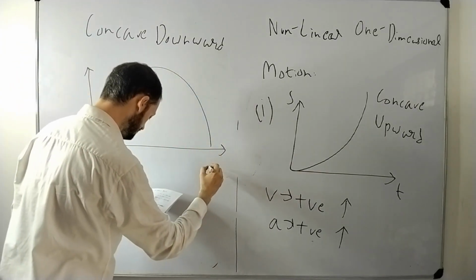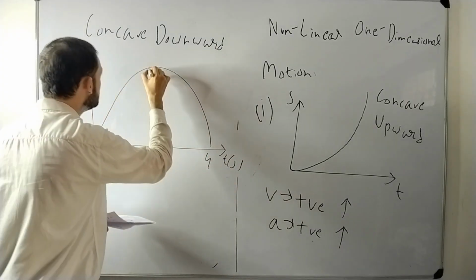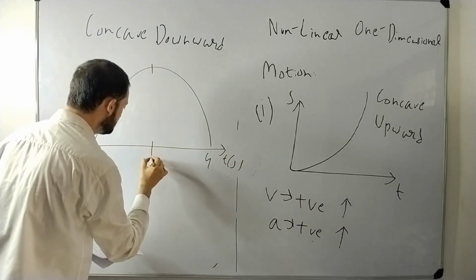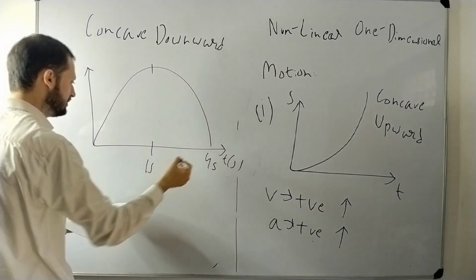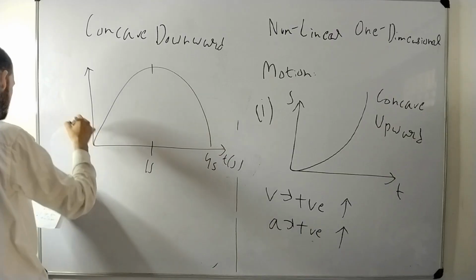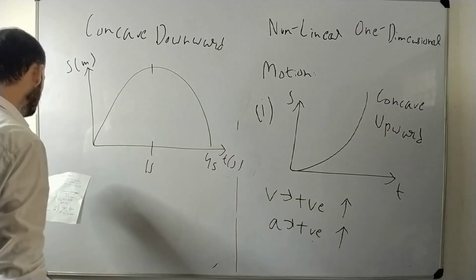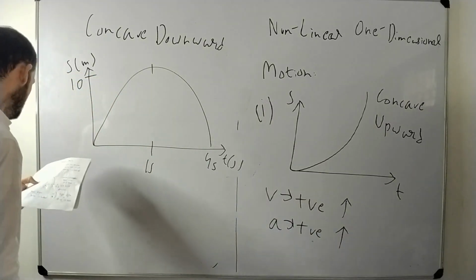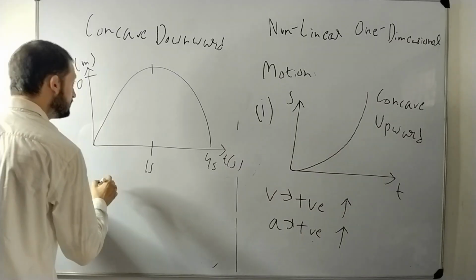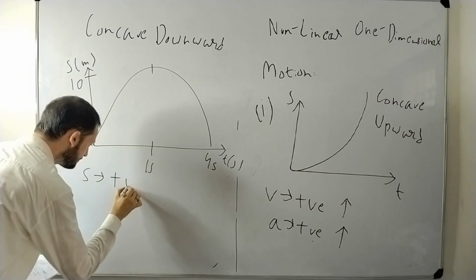This is 4-second time. For 1 second it is increasing, and for the rest 3 seconds it is decreasing. So S happens to be in meters, and this is displacement 10. So this is concave downward, and S happens to be positive.